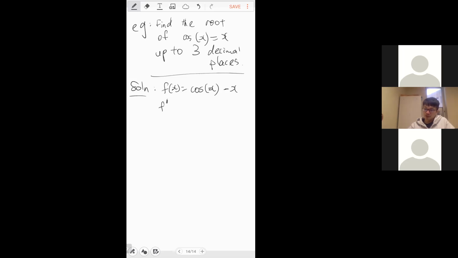Which means the derivative is negative sine of x minus 1. Is it okay?